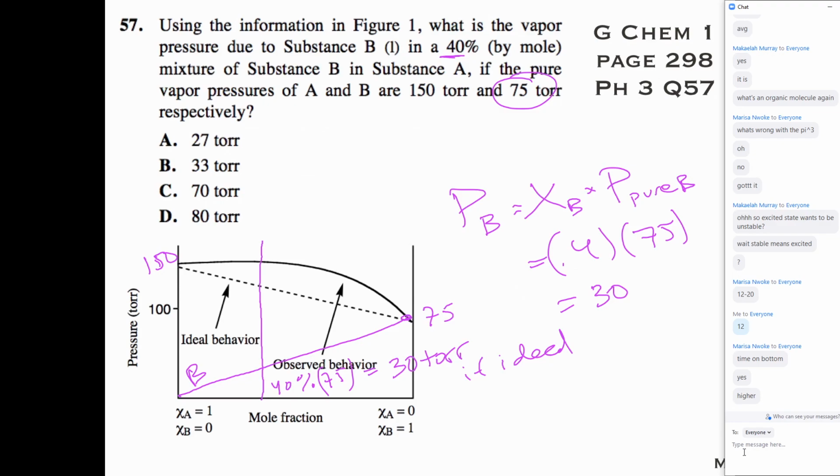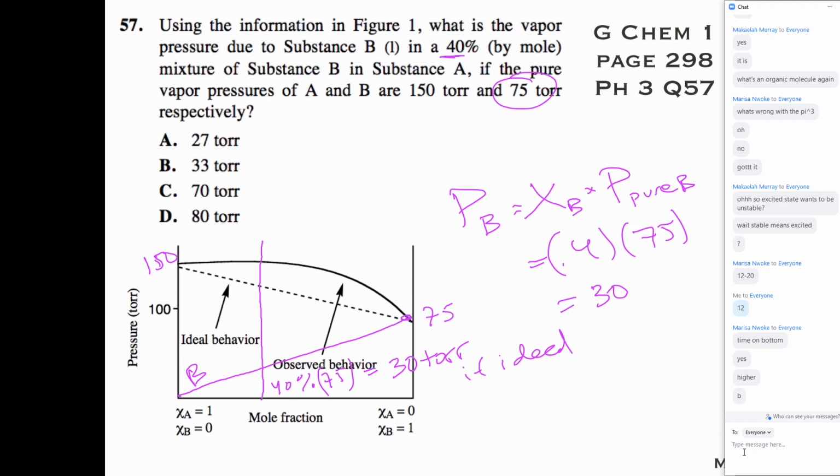What's the best answer? Choice B, 30 plus a little bit. I don't know exactly how much, but I do know a little deviation is not going to knock 30 up to 70 or 80, and it does have to go up.